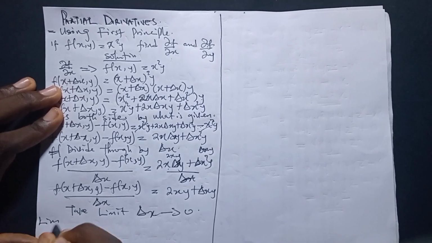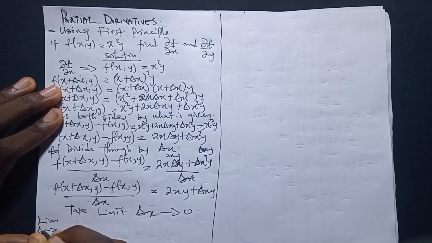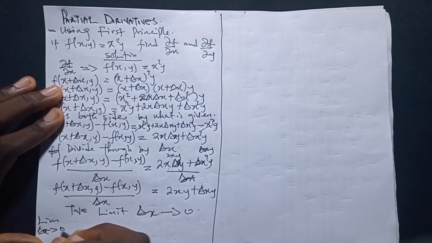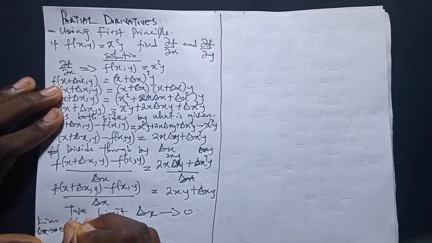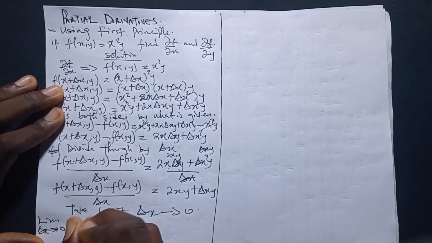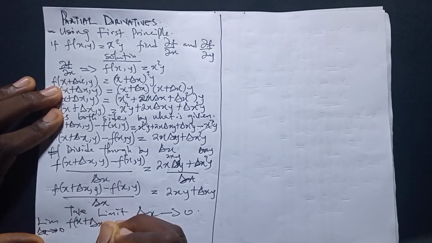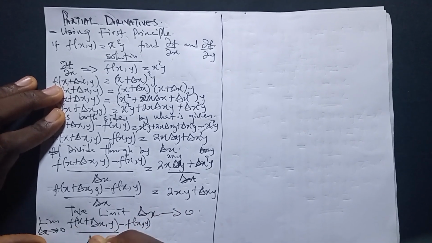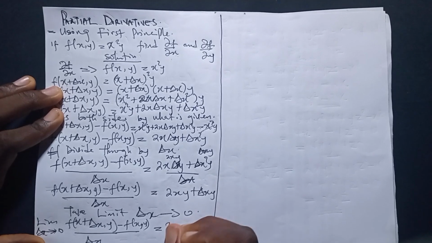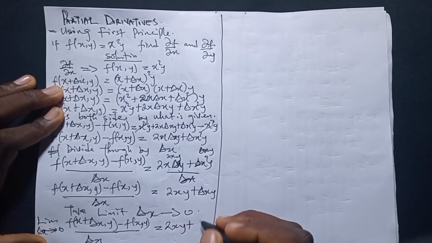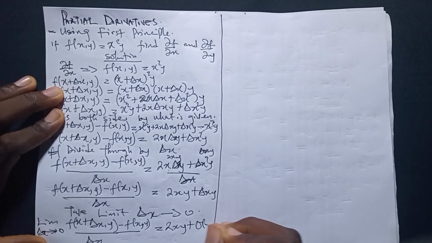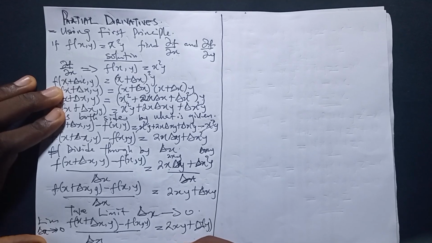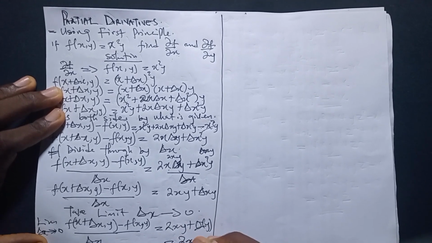So we say limit as change in x tends to 0 of f of x plus change in x, y minus f of x, y over change in x equals 2xy plus, where you see change in x, you put 0. So 0 times y is 0. So our answer is 2xy.